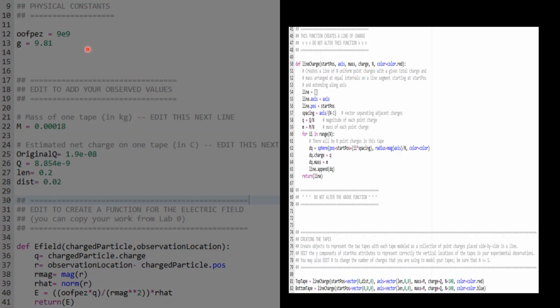This is a screenshot of the computational model. Some of the constants were Coulomb's constant and the gravitational force. The mass of the charge tape was this in kilograms, and all of these were prior results that we had, the estimated results that we had.